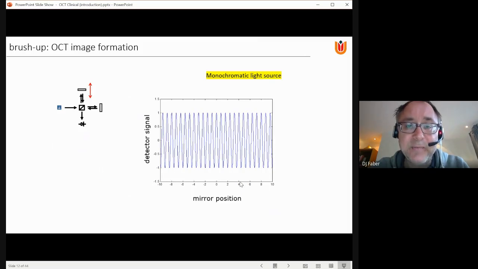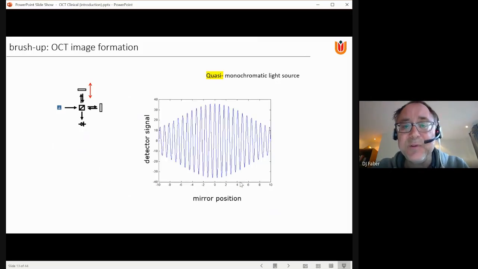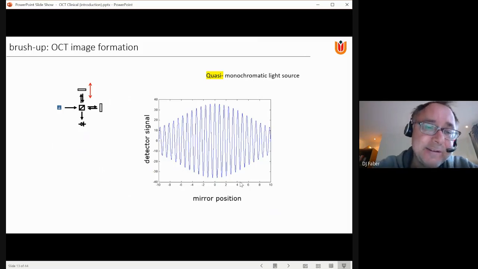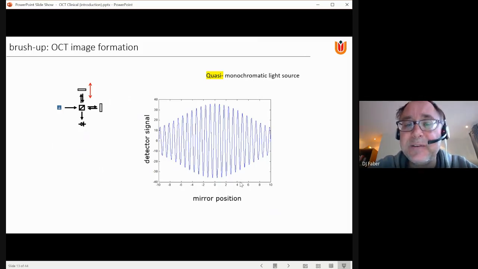So again, let's take a monochromatic light source, so only one wavelength, that illuminates this Michelson interferometer with one mirror moving. You would measure this interference signal as a function of mirror position. If I would add wavelengths in this laser, so more wavelengths, a quasi-monochromatic light source, I would see a pattern that is very similar.